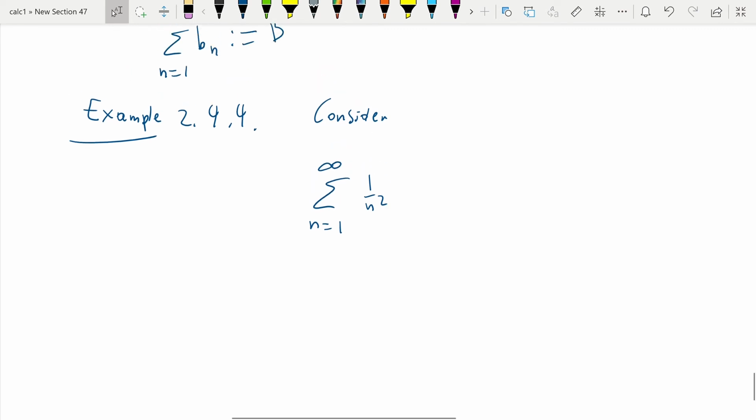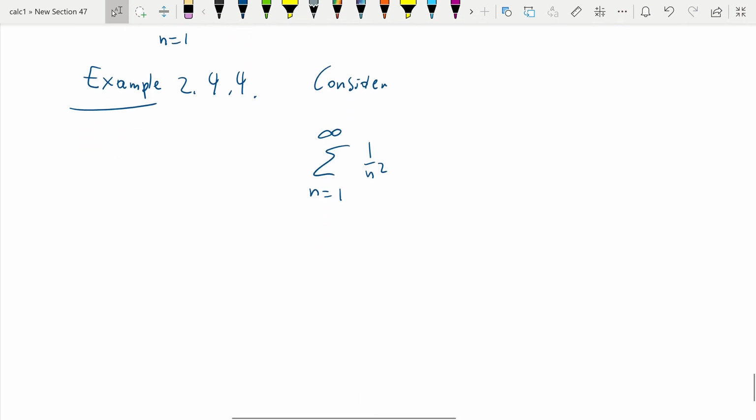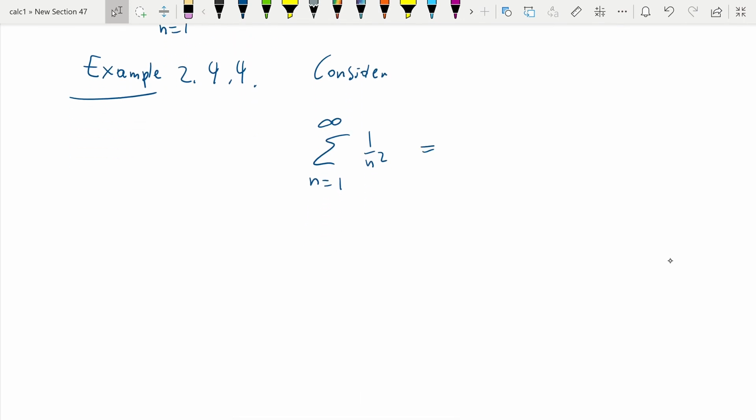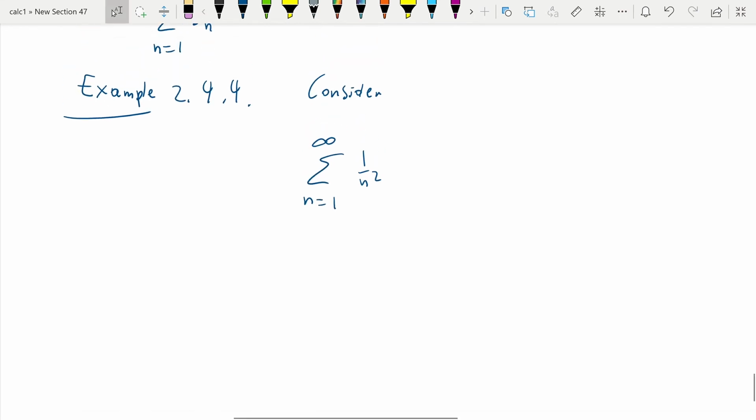So here we consider a sum that some of you may already know what this converges to, π squared over 6, but okay, maybe you don't know that. And so a priori we don't know how to compute it, but we can certainly show that this actually makes sense, meaning that the partial sums converge.